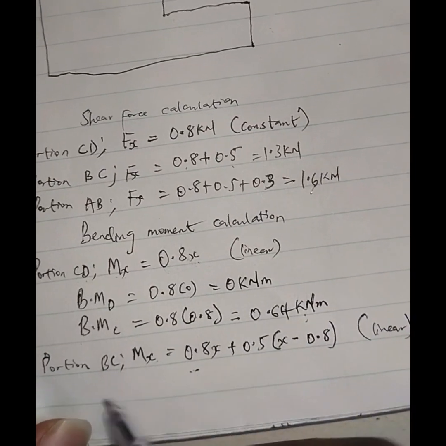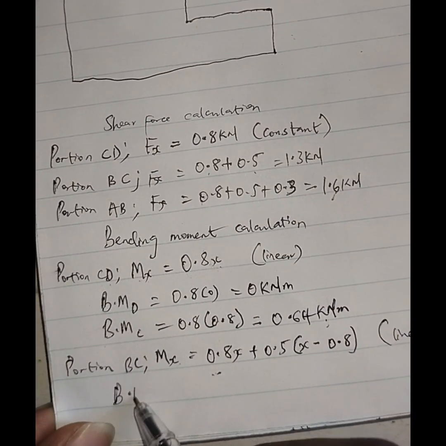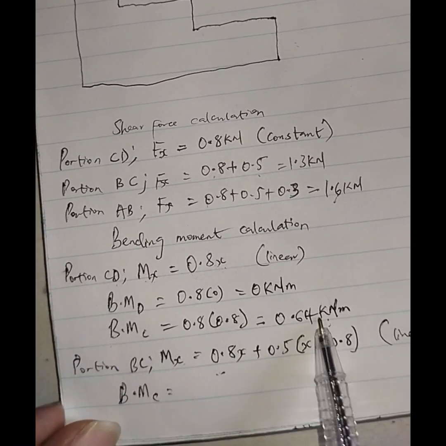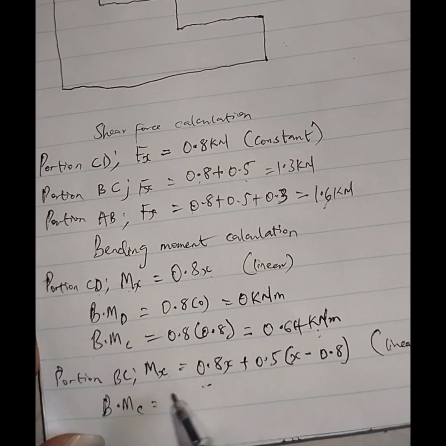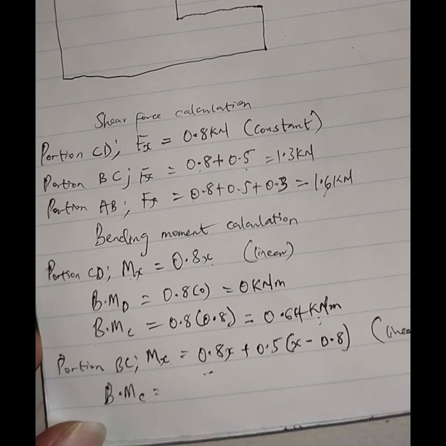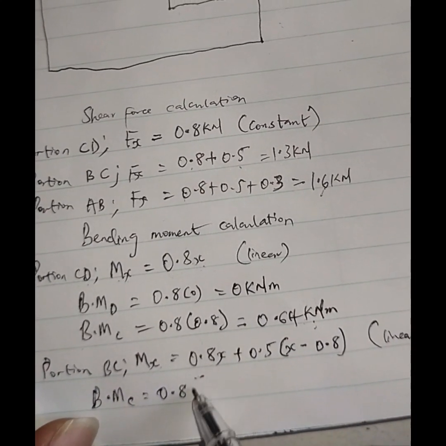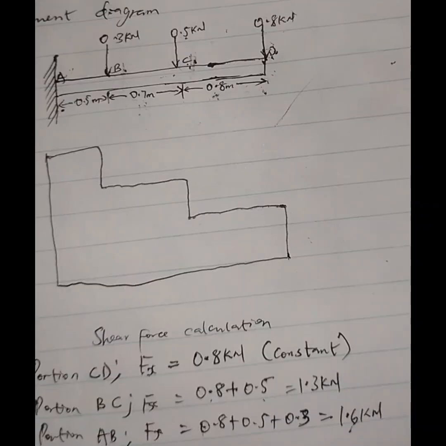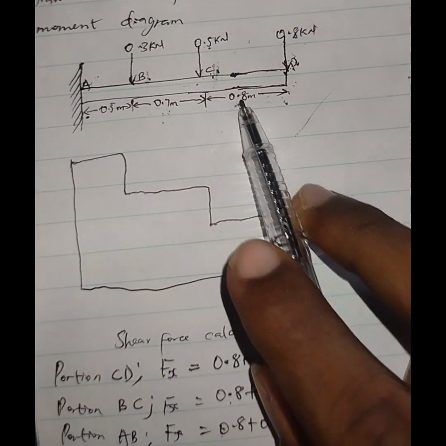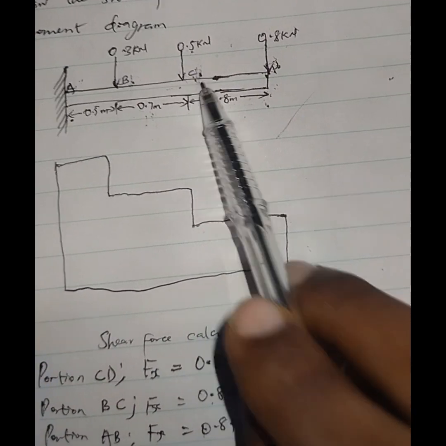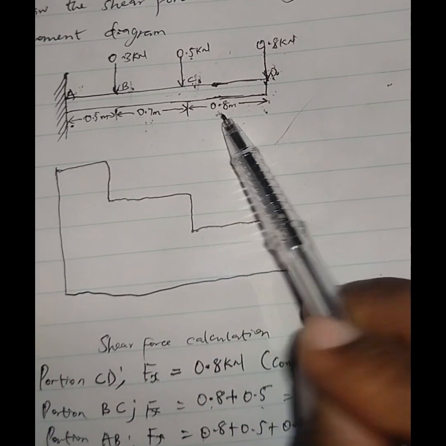So we go. So bending moment. Now if you check bending moment of C again, you see that it still gives us the same answer. So now we have 0.8. What is this x of C again? So your x is now 0.8 again, because from C to D, that is 0.8.